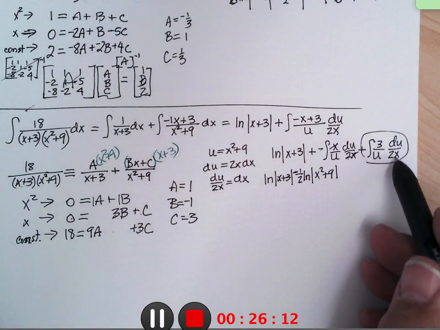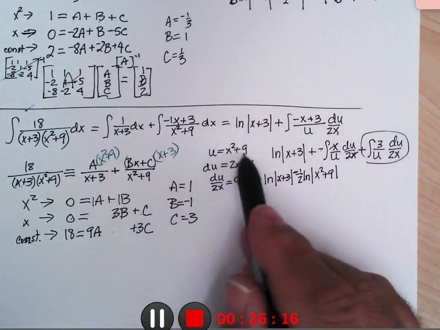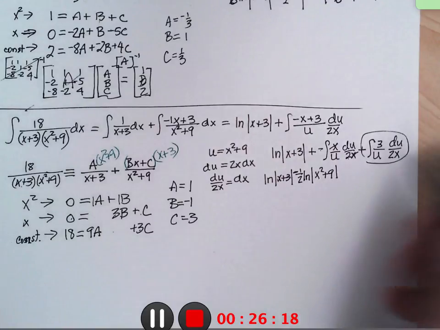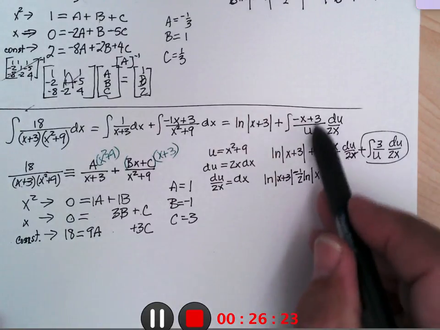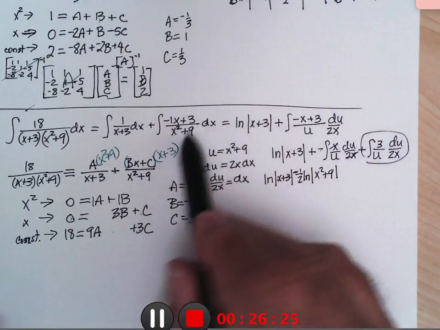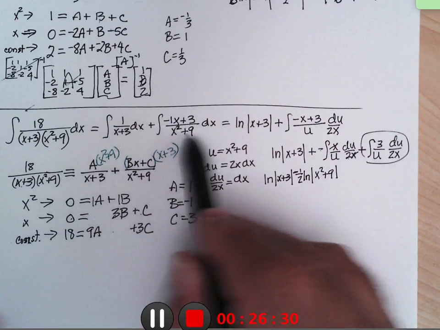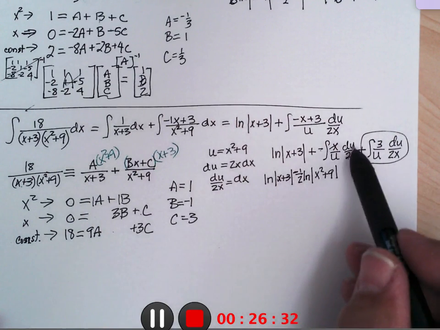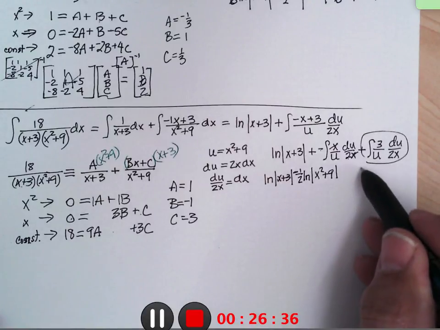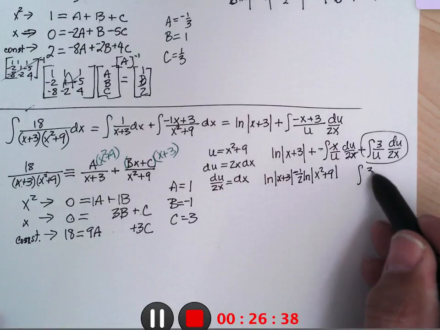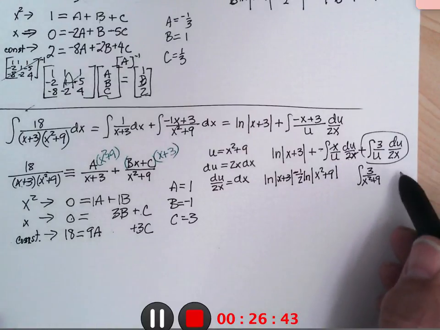So I'm going to go back, undo this u substitution that I did. The second part came from the 3 over this stuff. The minus 1 over this created this integral, but this didn't. So I'm going to go back to what it was, the integral of 3 over x squared plus 9 dx.